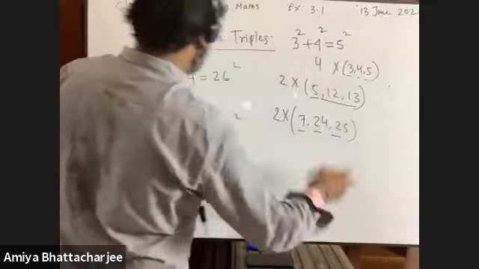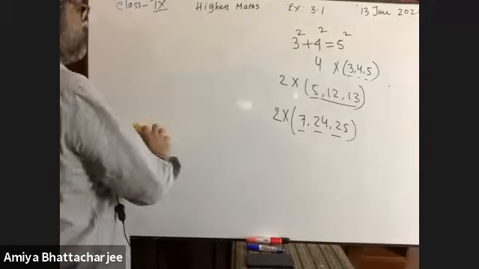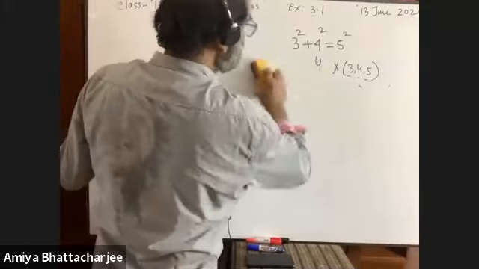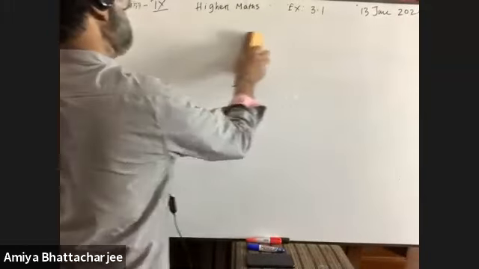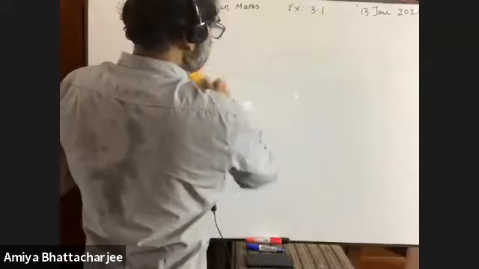A lot of maths will be given on the applications of Pythagoras theorem in the MCQ exam, also in the CQ examination. So please try to understand the Pythagorean triples.